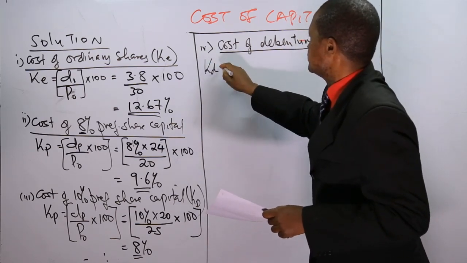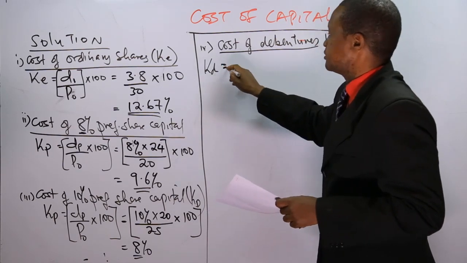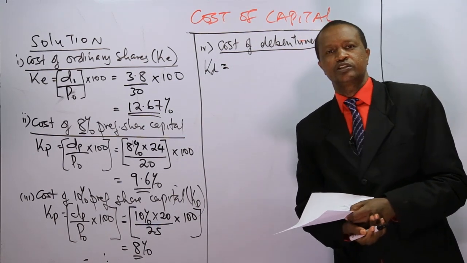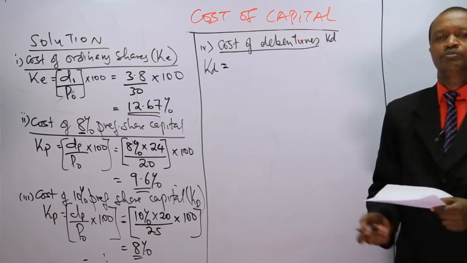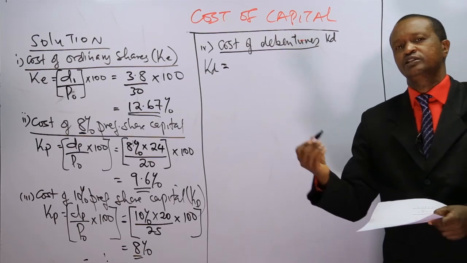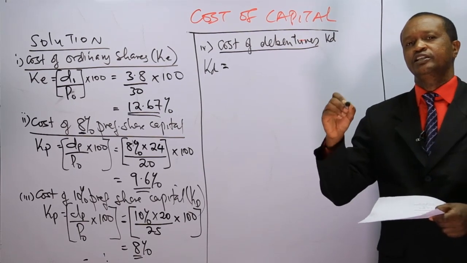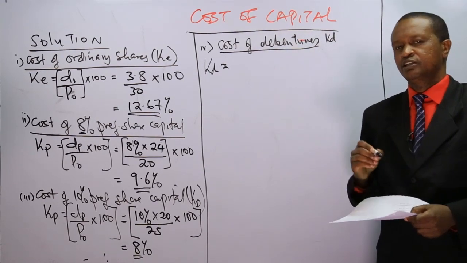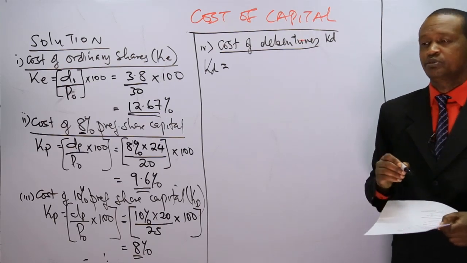Again, for debentures, remember, there are 2 categories of debentures. Number 1, the perpetual debentures or the irredeemable debentures, and the redeemable debentures. Redeemable debentures have a maturity period.